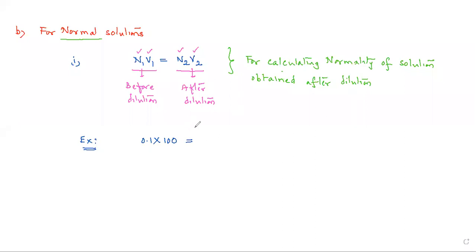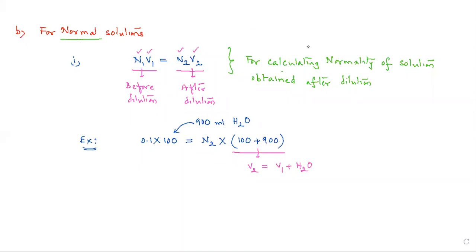Now, supposing 900 ml of water is added, what is the normality of the resulting solution? The final volume is V1 plus water, right? This, of course, is V2, which is nothing but V1 plus water.